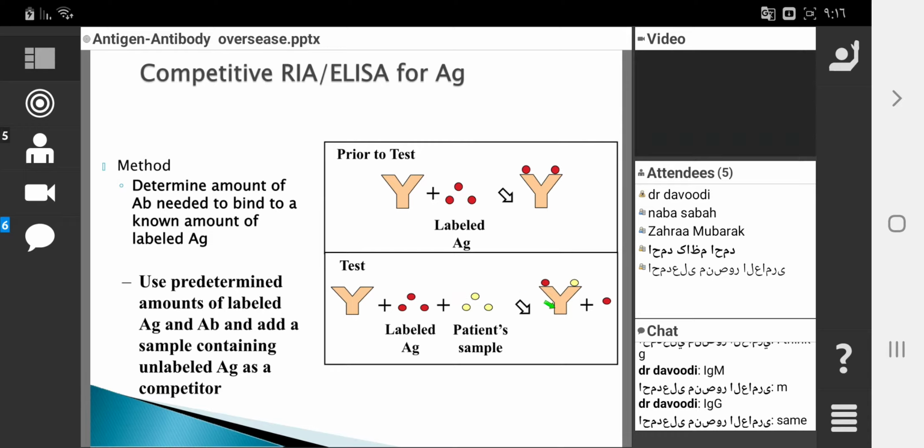Do you think that more radioactivity here is proportional to more antigen in the patient sample, or less? More or less? I mean, is the relation reverse or direct? What do you think?